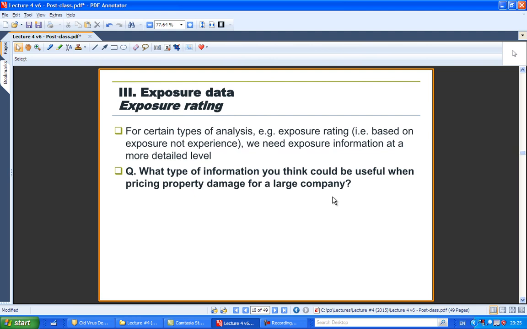Now, if you can think of this a bit on your own, it will probably help you when later on we're going to speak about exposure rating in detail, to understand why some type of information is asked. I don't put the answer to this here, but of course you will find it in the book in section 8.3.3.